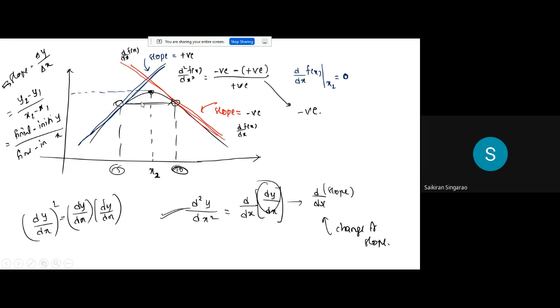See here, what is this point? Is it a maxima point or a minima point?